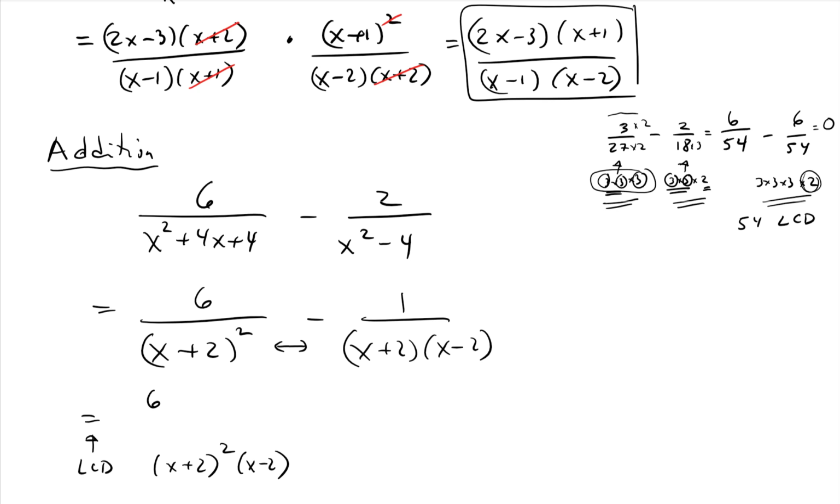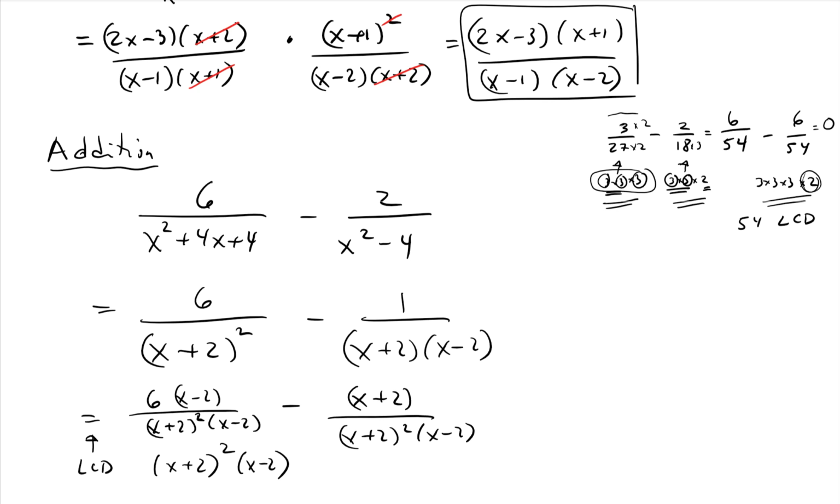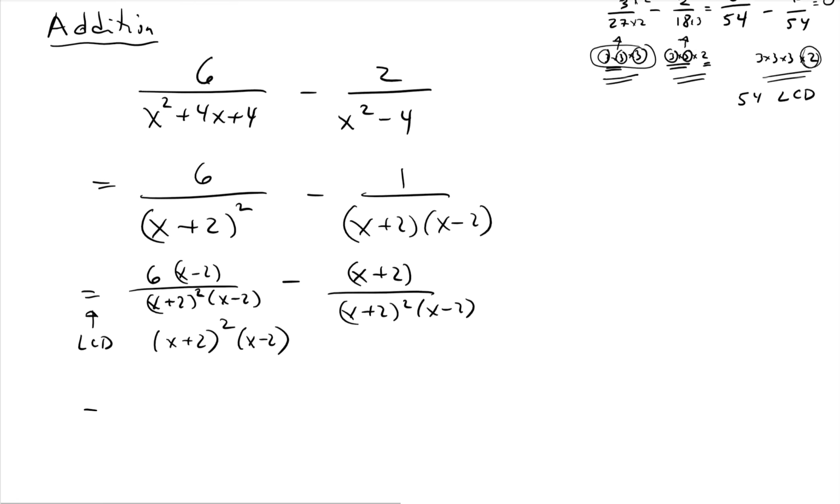So I need to multiply the top part by x minus 2, so that everything stays equal. Then the top part here needs to be multiplied by x plus 2. So now I have equal denominators, right?